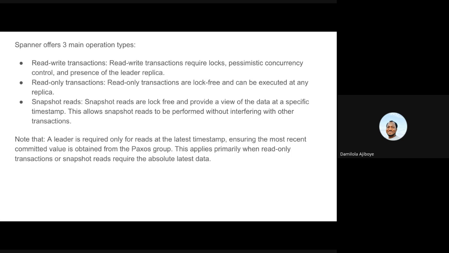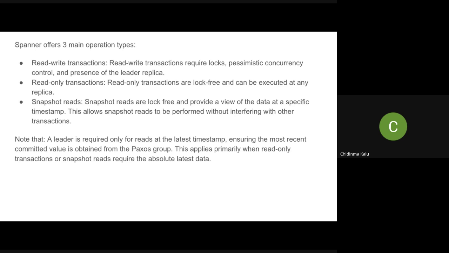Okay. Yeah, so Spanner offers 3 main operation types: the read-write transactions, the read-only transactions, and snapshot reads. Read-write transactions, as you can imagine, require locks, right? And they occur in the leader replica.